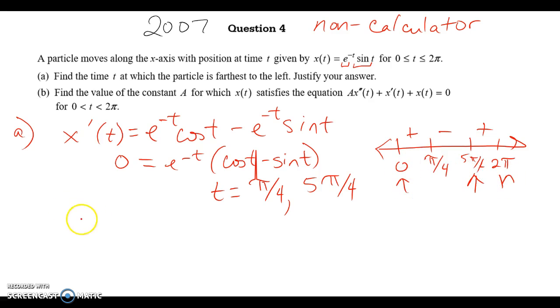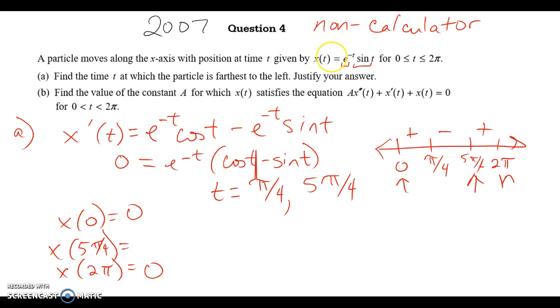So now we need to actually find the position when t is 0, the position at 5 pi over 4, and the position at 2 pi. Well, sine of 0 is 0, so this whole function will be 0. Same for 2 pi. So really all we need to know, since we're looking for a min, is whether the original function will be positive or negative at 5 pi over 4. At 5 pi over 4, the sign will be negative, so this will have a negative value.